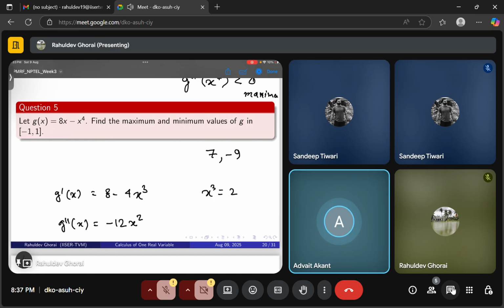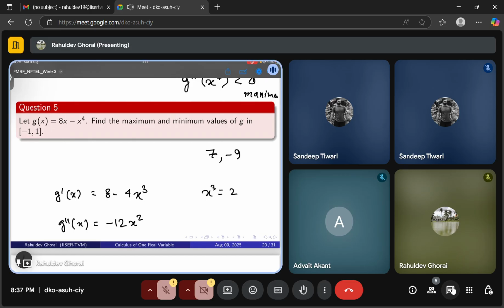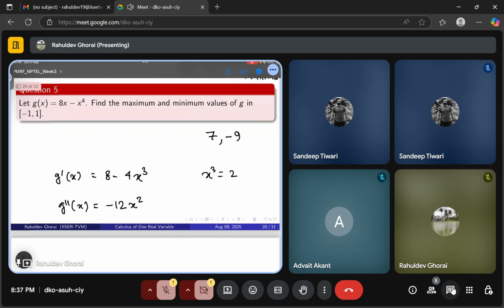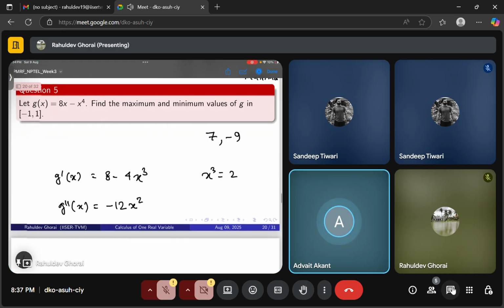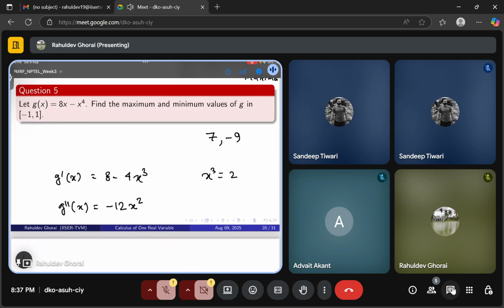Sir, there is no mistake. Sorry? There is no mistake. Yeah, yeah. So g double prime x is always less than 0. It is coming like that. How did you find that?